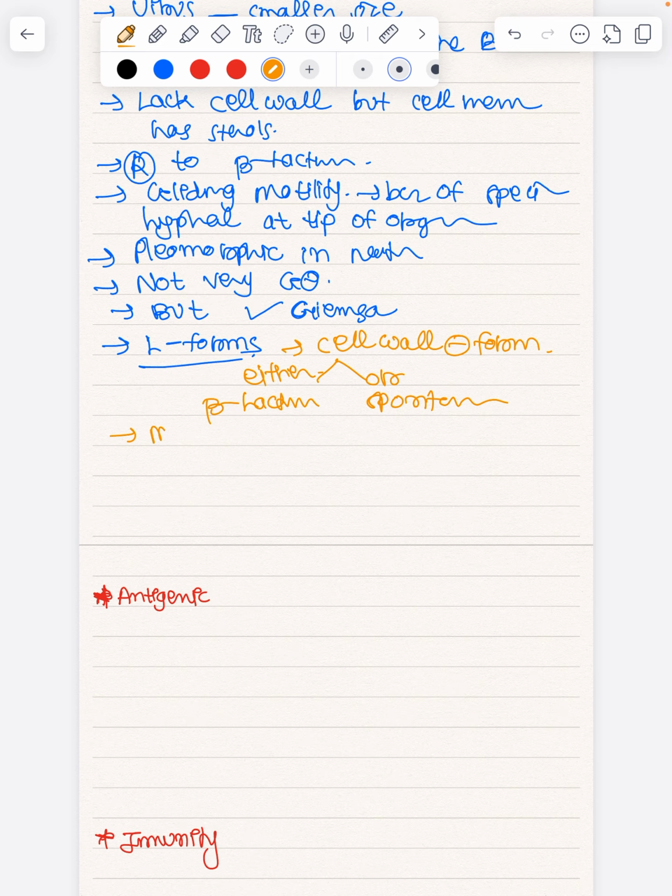But Mycoplasma pneumoniae completely lacks the cell wall, so it is a complete and stable L form.